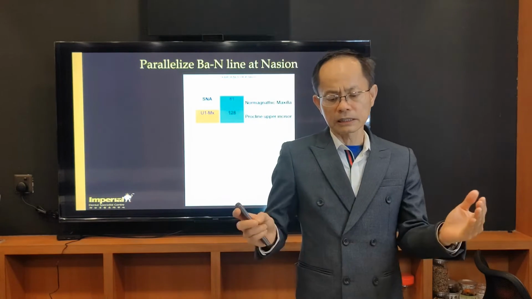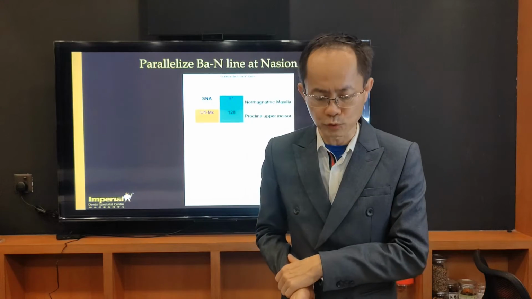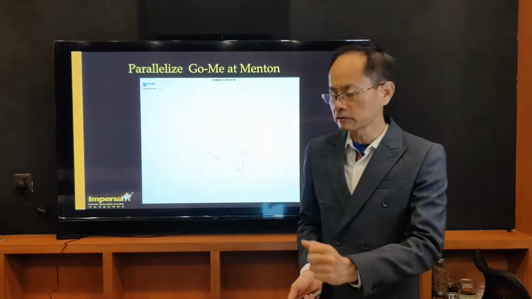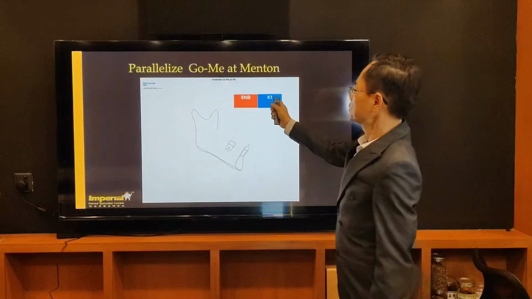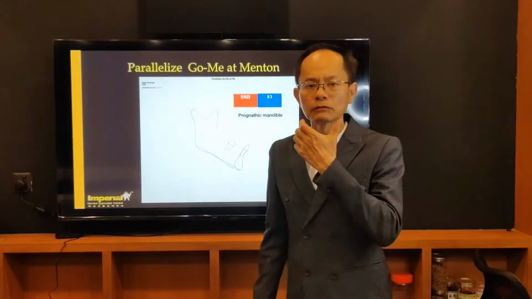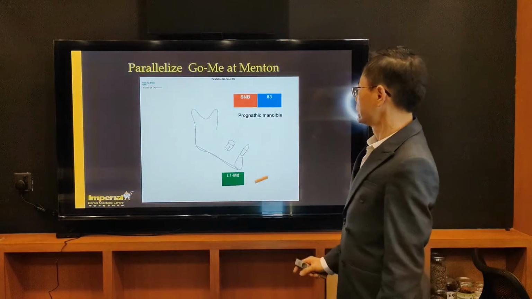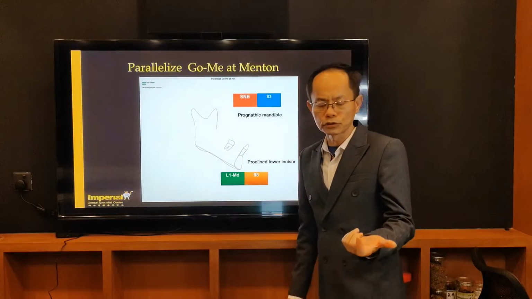So the upper jaw is normal, but the teeth are protruding. Now, what about the lower jaw with respect to the cranial base? The lower jaw is actually protruding. So we have a big lower jaw, and we also have protruding lower teeth.